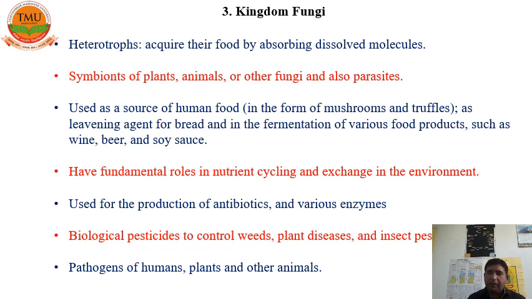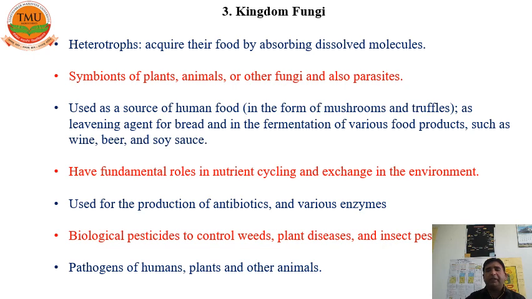Several fungi, although they are parasites of crops, are also known as biopesticides and are utilized in agriculture for controlling different types of insects and diseases. Many fungi are also pathogens of plants and animals.